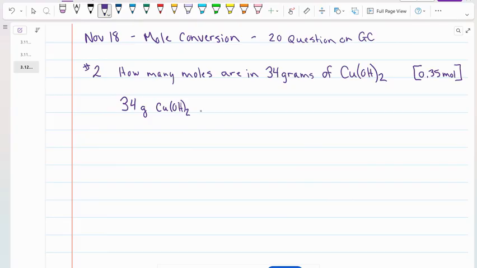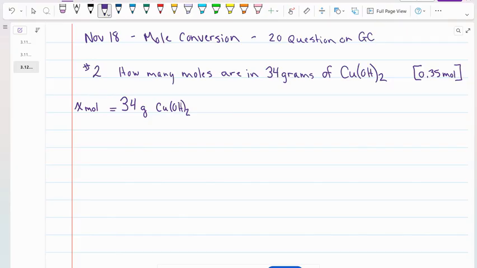When we finish, we want to know how many moles we have. So if we start out with 34 grams, what can we use in order to find out how many moles we have?